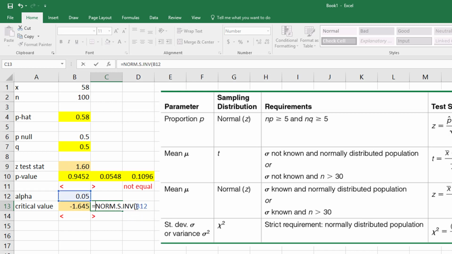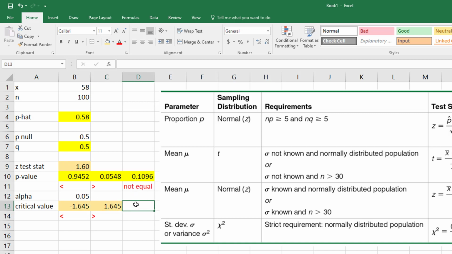I want 1 minus that alpha, so 1 minus 0.05, which would give me my positive. And as you can see, they're the same number. I hope that you're getting that because our normal distribution is symmetric. The area to the left is going to equal the same area as the area to the right.